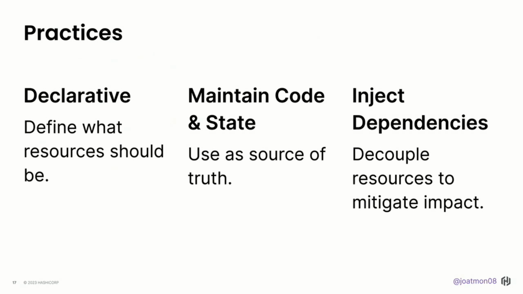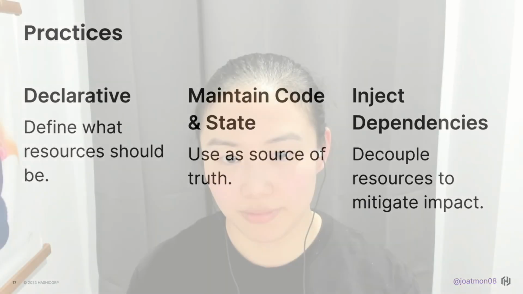It becomes really important to establish code and state as a source of truth. Make sure that you're declaring and defining what resources should be. That way it has a stable logic for how it's going to be automated and configured. And as you decouple resources, it makes it a lot easier later on for you to evolve that system.